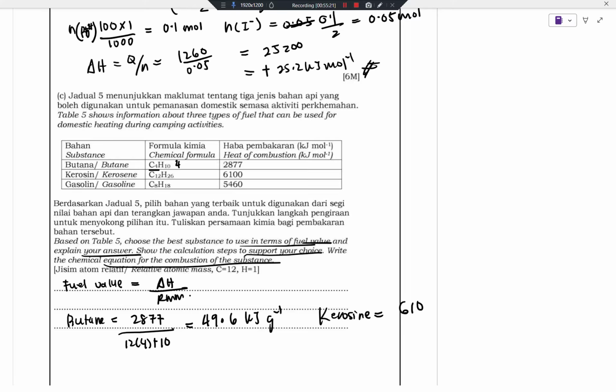Next, kerosene: 6100 divided by the RMM, 12 times 12 plus 26, which gives 35.9 kilojoule per gram.